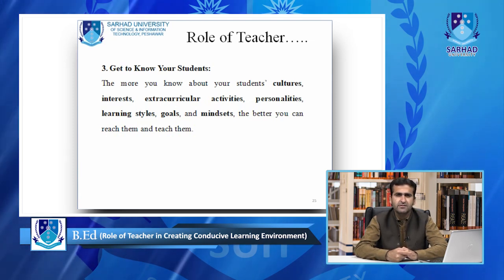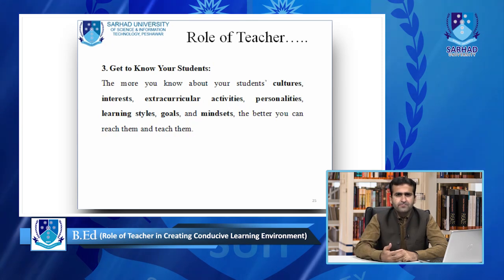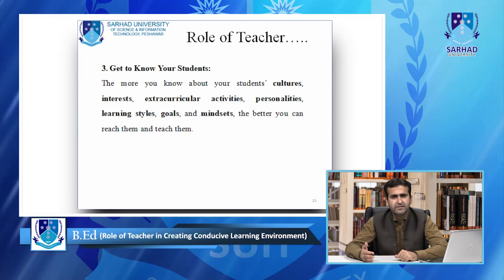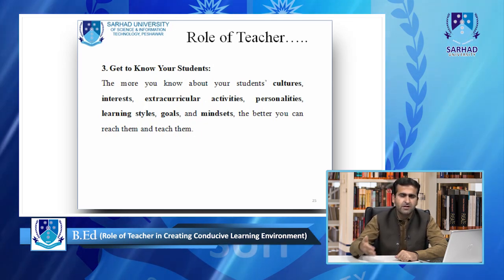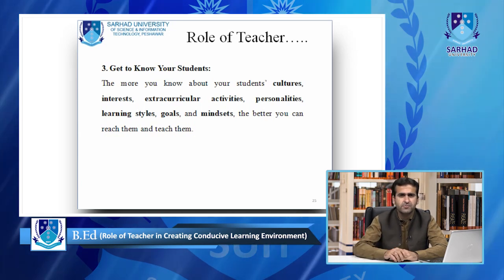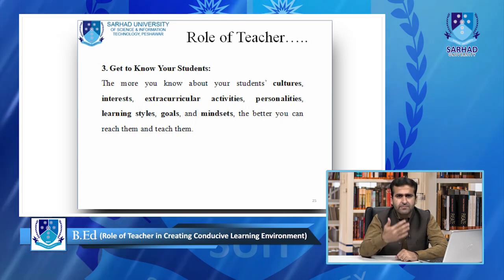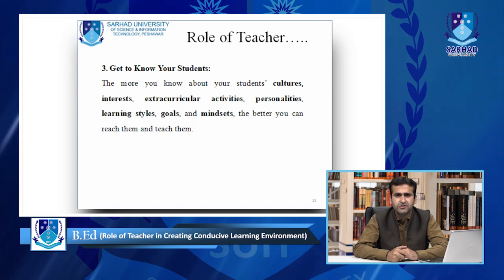Extracurricular activities. In a school, there must be some extracurricular activities. It may be games, it may be functions, it may be seminars, it may be certain workshops, so that the student does not get bored in their routine study, in their routine lecture classes.